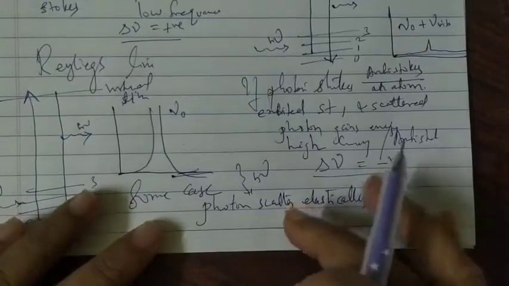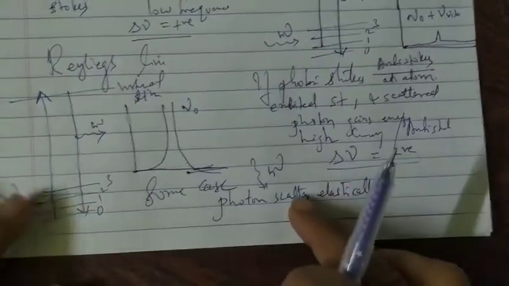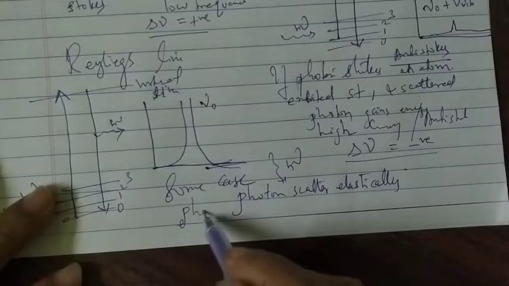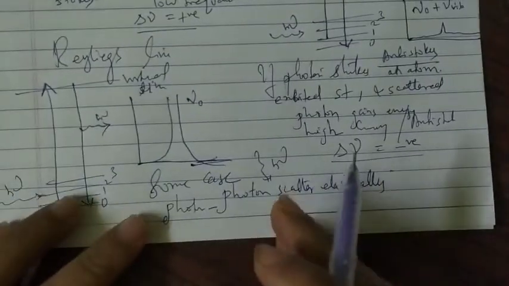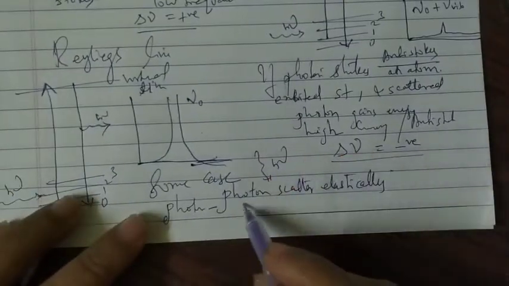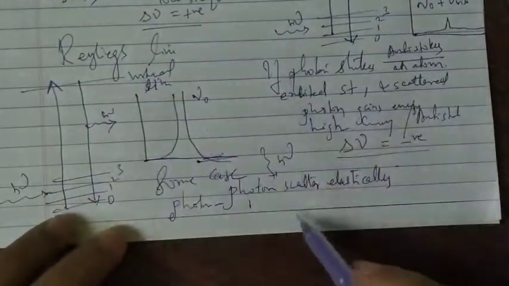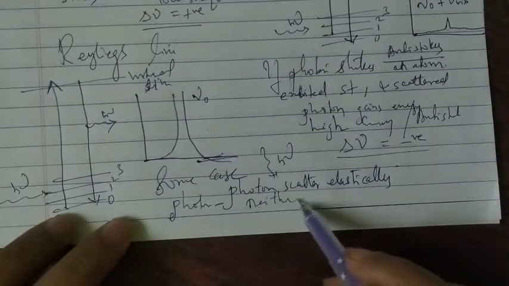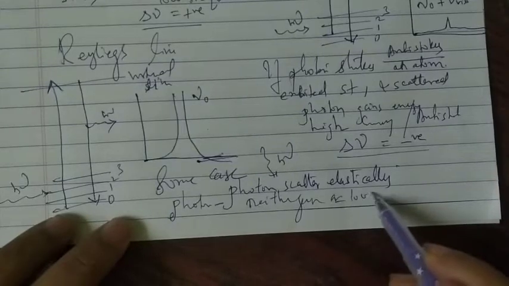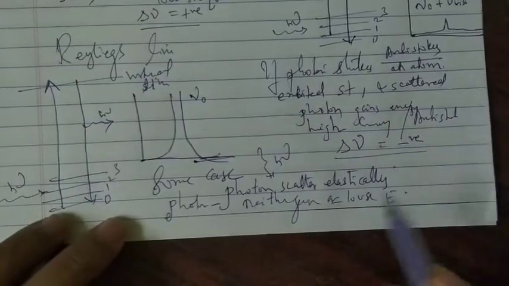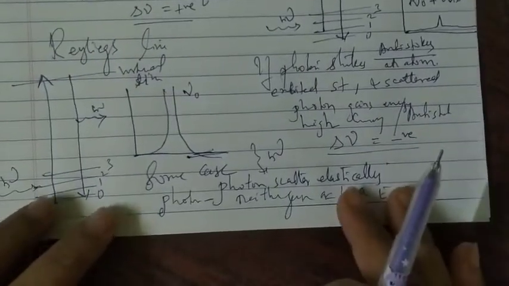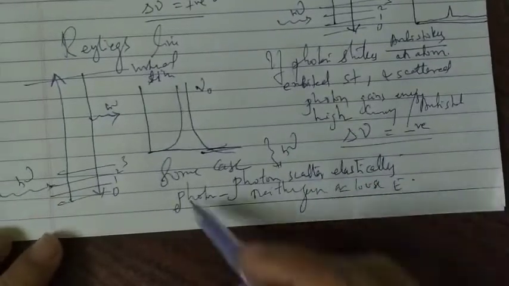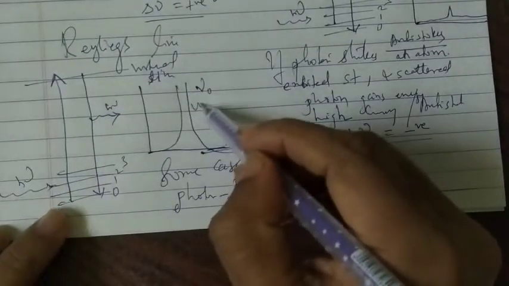Here the photon neither gains nor loses energy. This is important, it neither gains nor loses energy, and the spectral line will have unmodified frequency, like this.